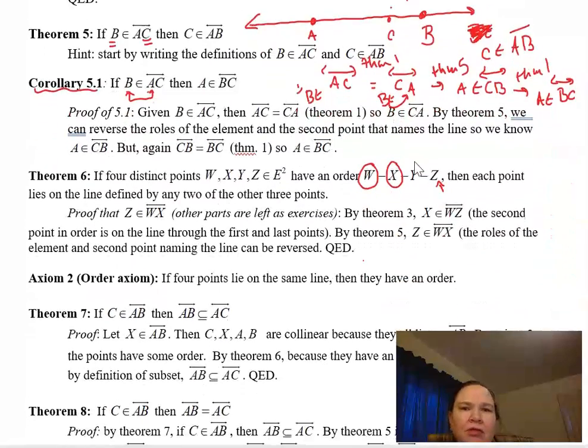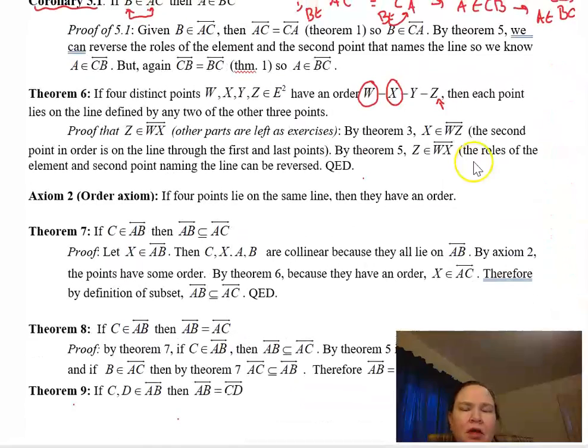So that means I can say that X, or Y, is on the segment between the first and the last. So I can use theorem 3 and it will get me that X is on the WZ line. And then we're kind of halfway there. I want Z to be on WX, and I've got X on WZ.